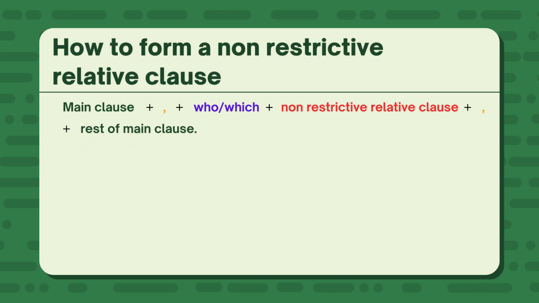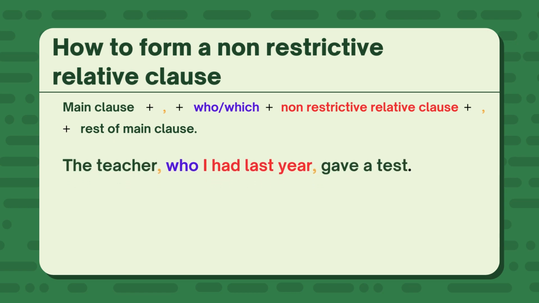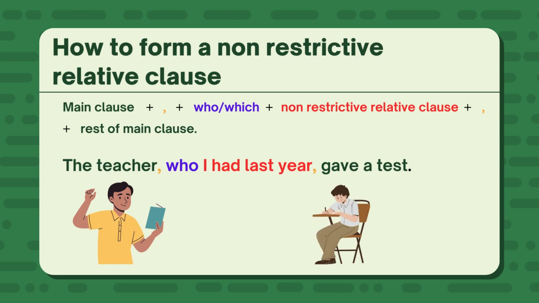For example, we could have the teacher, which is part of the main clause, then a comma, then who, then our non-restrictive relative clause, which is I had last year, then a comma, then the rest of our main clause, which is gave a test. So the sentence will read, the teacher, who I had last year, gave a test.